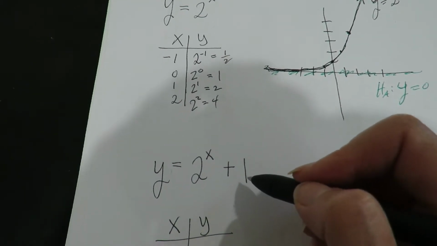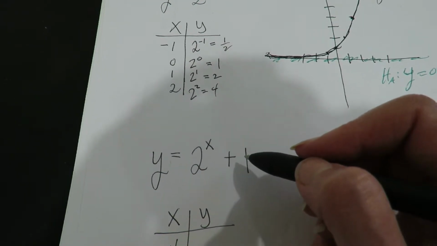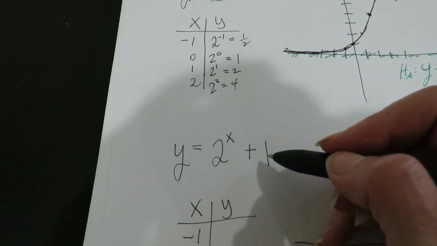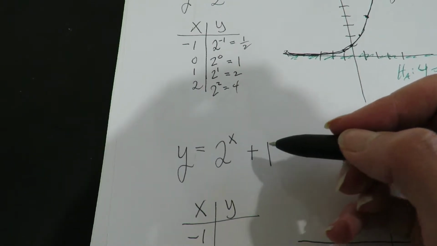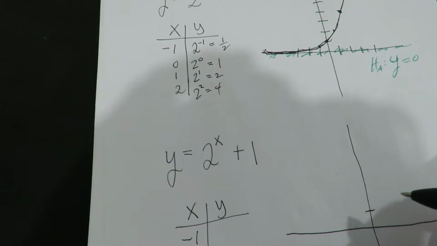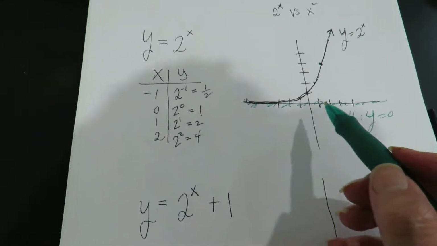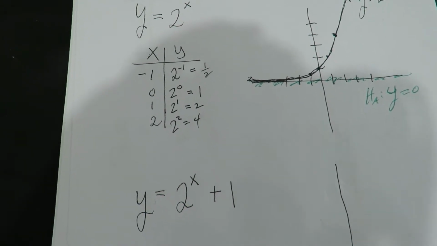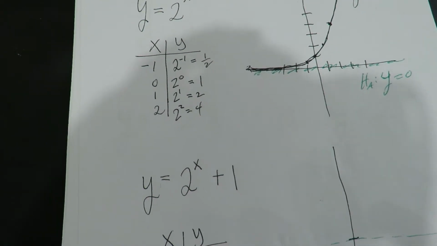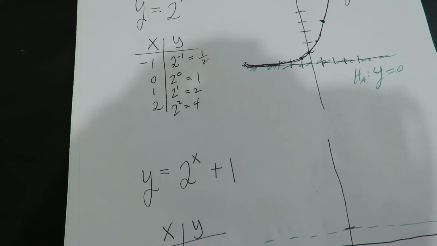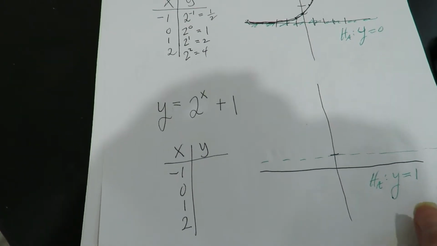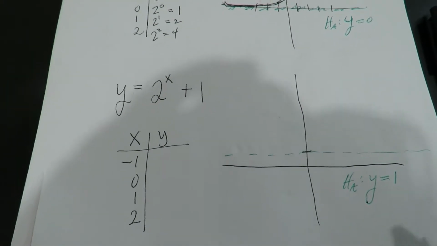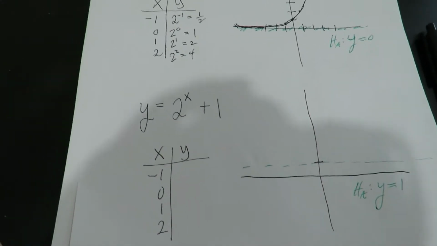So if you see a number after the exponential function, that's going to be your horizontal asymptote. I can tell right away, because this is pushed up 1 unit, that the HA is going to move from 0 to 1. So basically the floor of this function has moved up from a 0 to a 1.